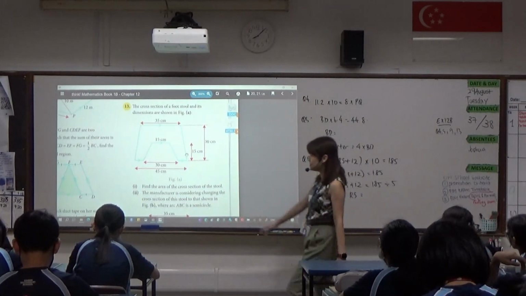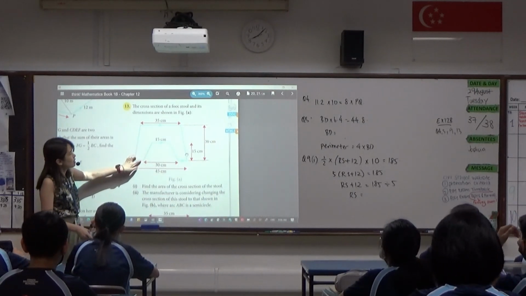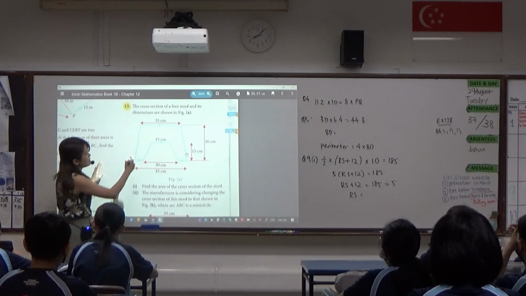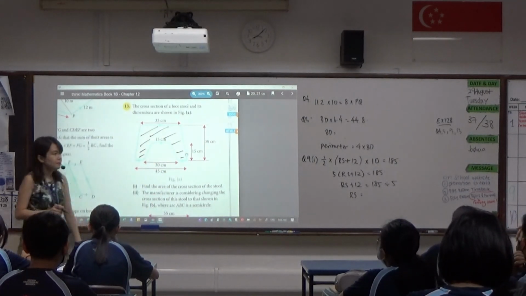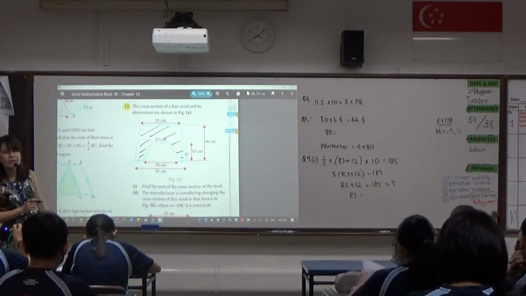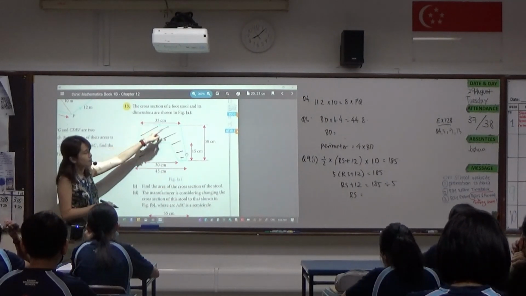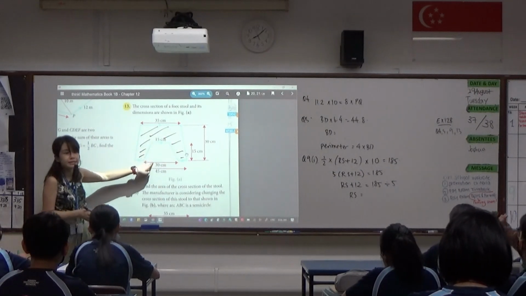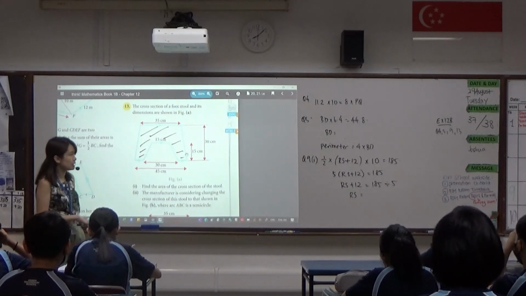We want to find the area of the cross section of the school. Okay, so the cross section is actually this entire thing. Okay, so what we need to observe is that we can find the area of the big trapezium minus away the area of the small trapezium. Alright, so then we apply our area of trapezium formula.